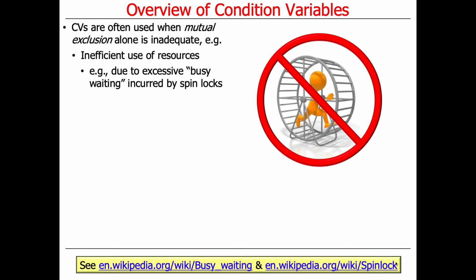If you're not careful, mutual exclusion can inefficiently use resources. For example, if you busy wait and just sit there and spin, as we've talked about before, then you can end up with unnecessary overhead waiting for something to be available. There are situations where that makes sense, where you need quick responsiveness, but in general, you need to be careful not to overdo it.